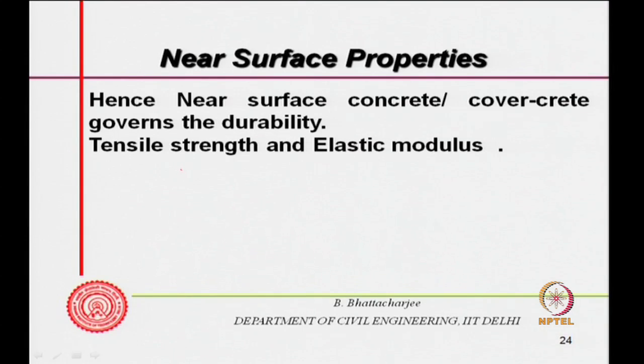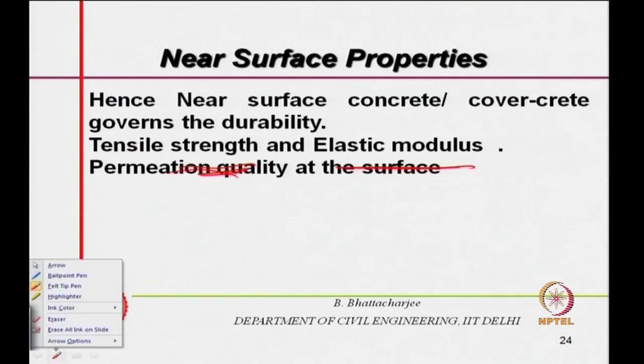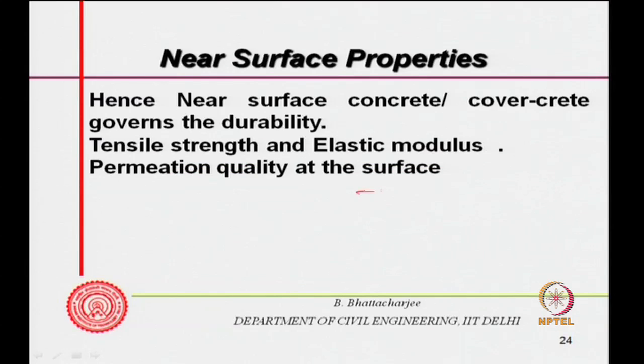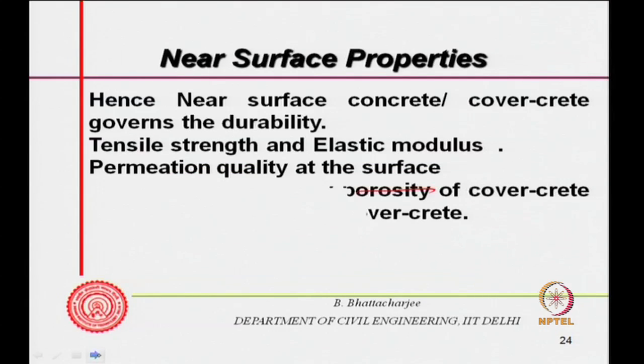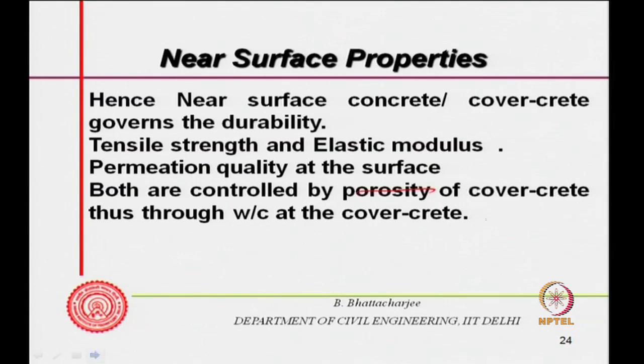Tensile strength and elastic modulus of cover concrete are important, because this governs cracking, this governs strains from the stresses that are applied. Permeation quality at the surface is most important, and both are controlled by the porosity of covercrete and through the water cement ratio of covercrete.